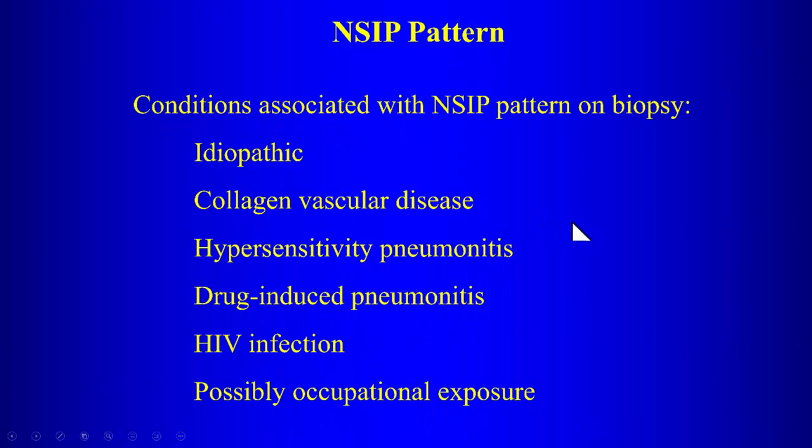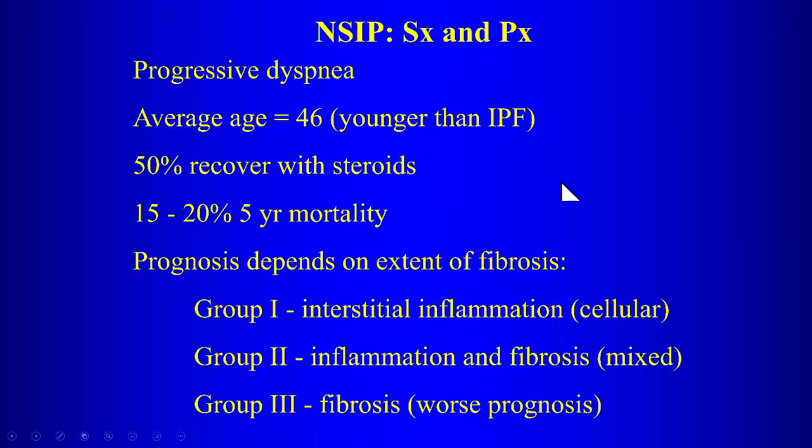So this is NSIP. Now, NSIP, as the term suggests, is a very nonspecific finding. We can see it with all kinds of diseases on biopsy, the histologic pattern. Not important for you to memorize the list, okay? But the idiopathic form of NSIP presents with progressive shortness of breath.